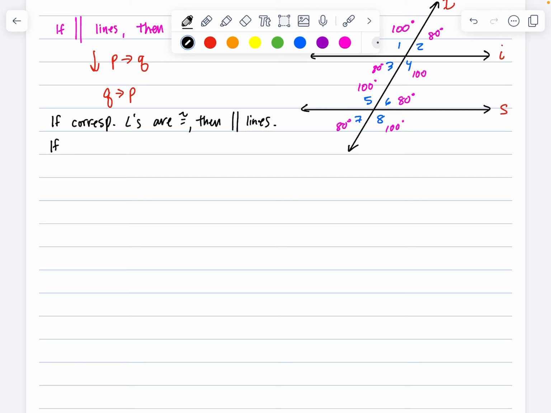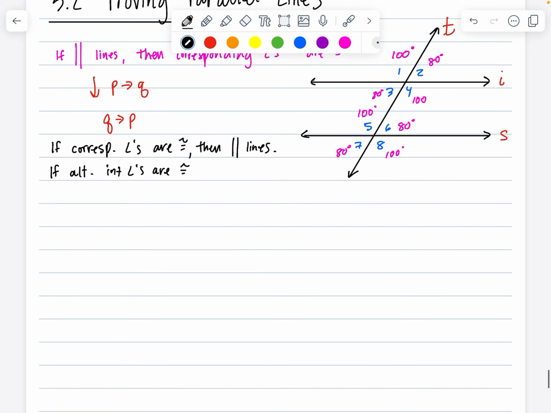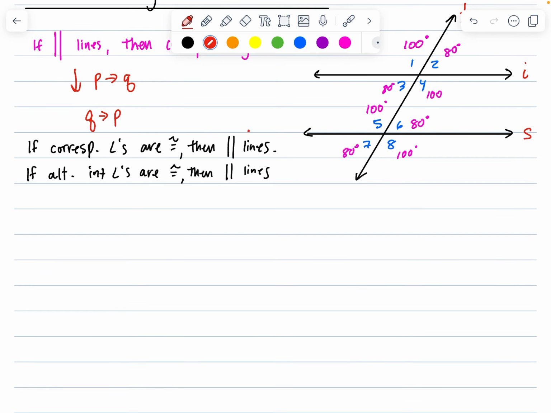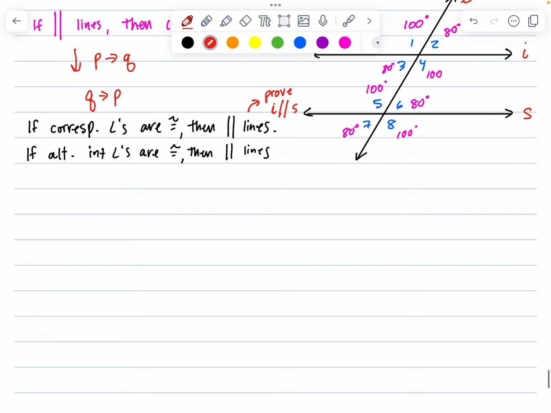So here we have it. If alternate interior angles are congruent, which we clearly see here, alternate interiors 3 and 6, then the lines are parallel. Conclusion would be, technically, if you want to put this, you can: this would prove that I is parallel to S. In every single one of these situations.